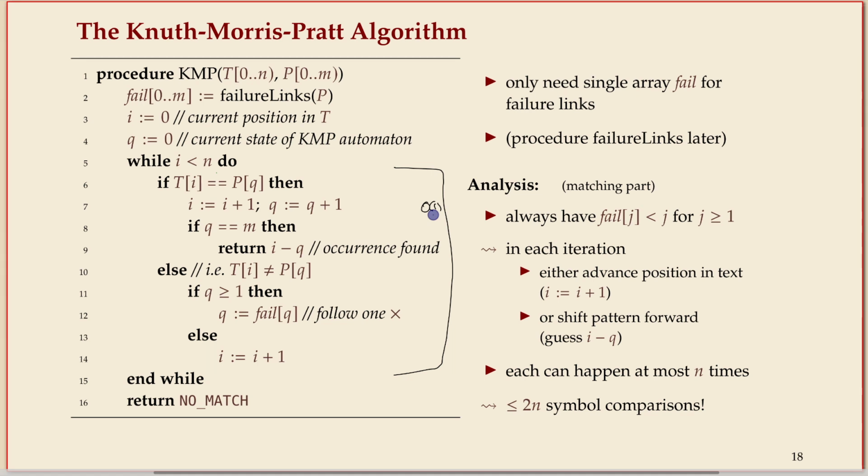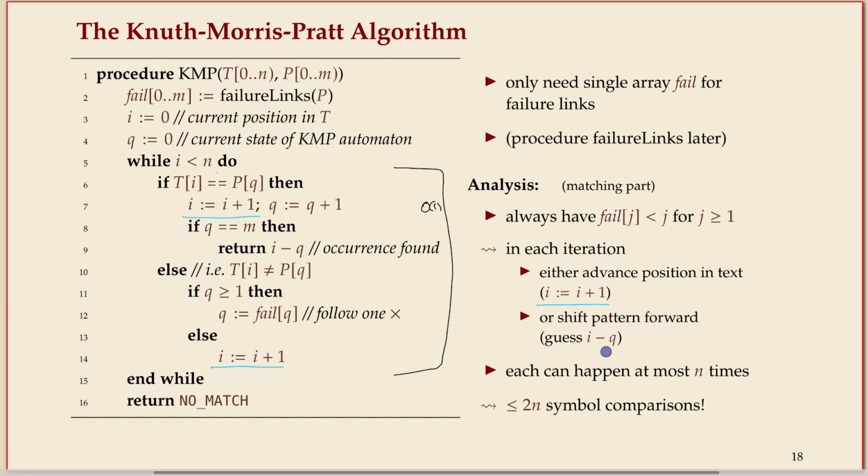And so there's these two options. We can either make progress in the text, which means i gets closer to n, which eventually means we're running out of characters in the text. And that happens here and here. Or we shift the pattern forward, and that's a little more subtle.